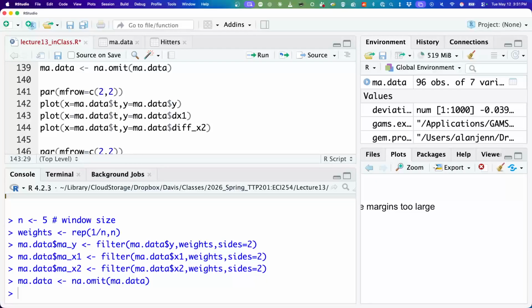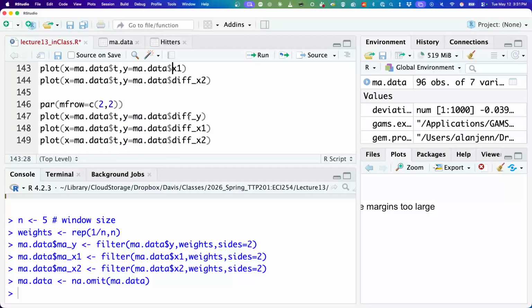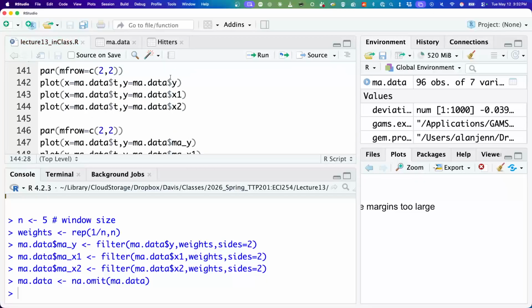Oop. This is the wrong one, I did not mean to put diff. I meant to put MA. Here. And here I want to just look at these guys.